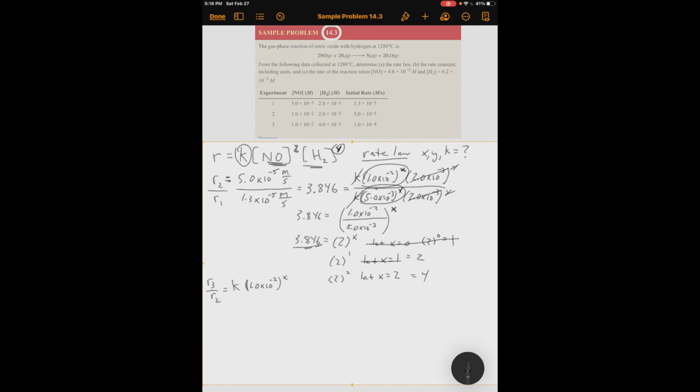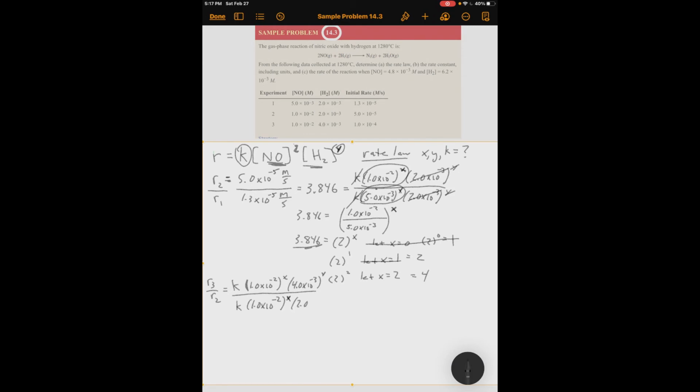Okay, so 1.0 times 10 to the minus 2 to the x, and then times 4.0 times 10 to the minus 3 to the y. Do the same thing, divide that by R2. So R2 is 1.0 times 10 to the minus 2 to the x. Oh, by the way, sorry, this is a y. Divided by 2.0 times 10 to the minus 3.